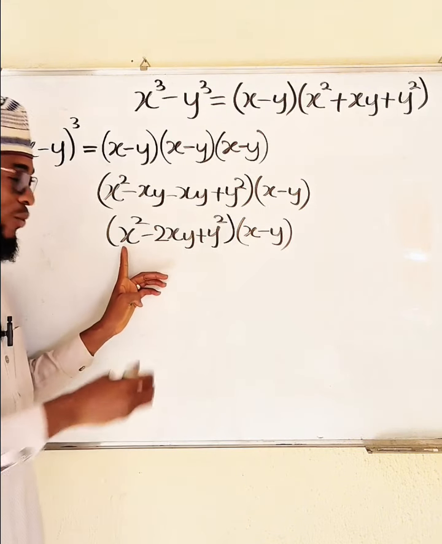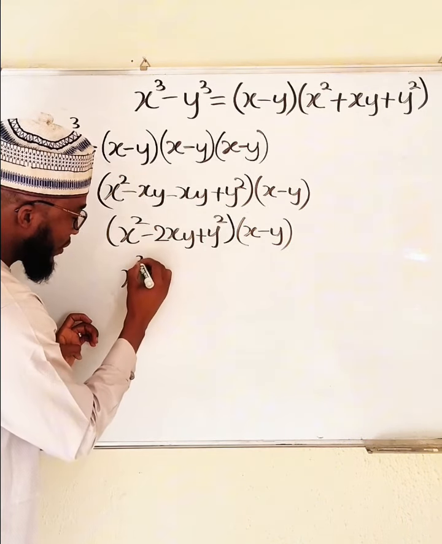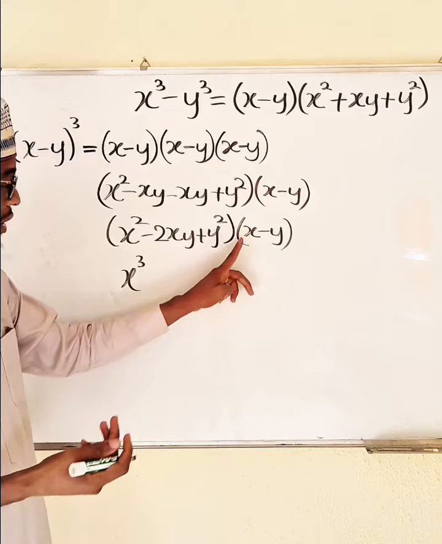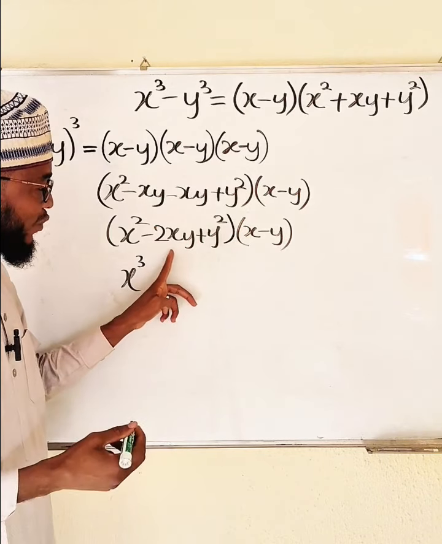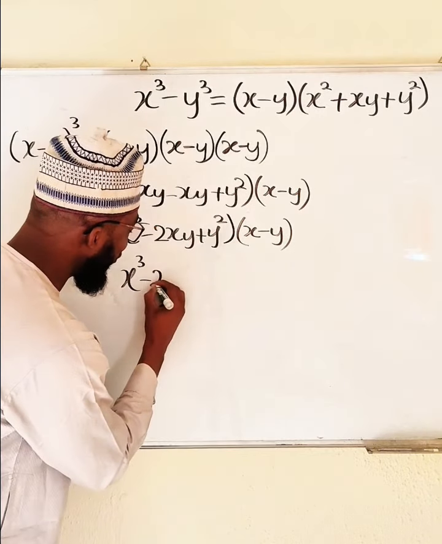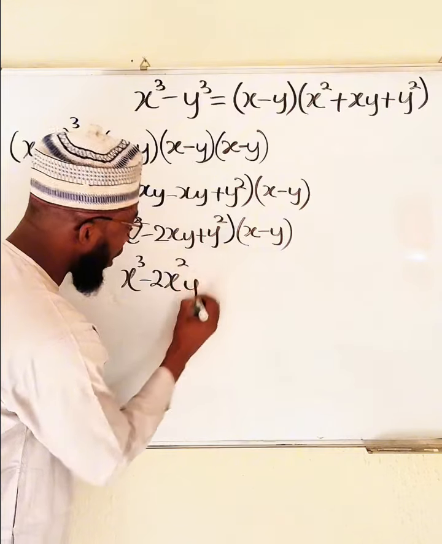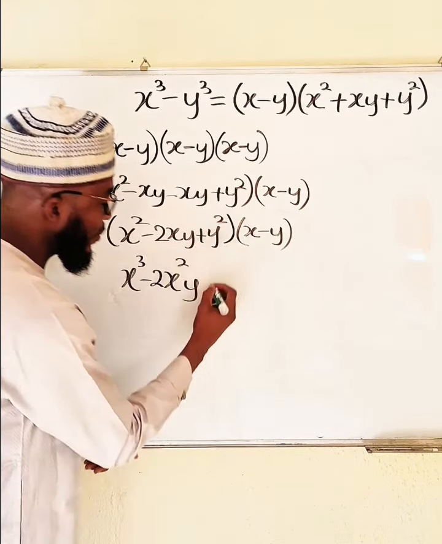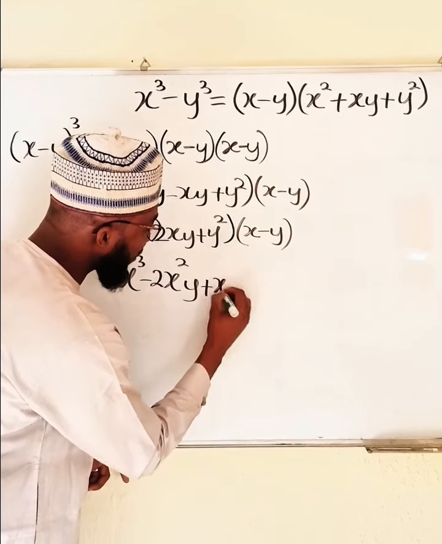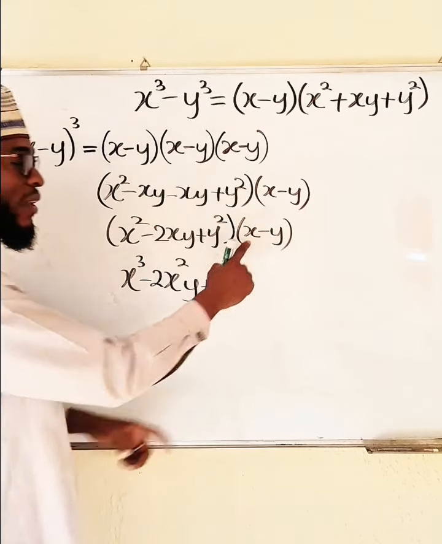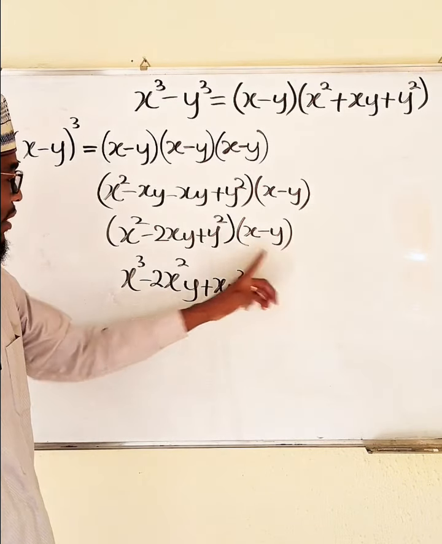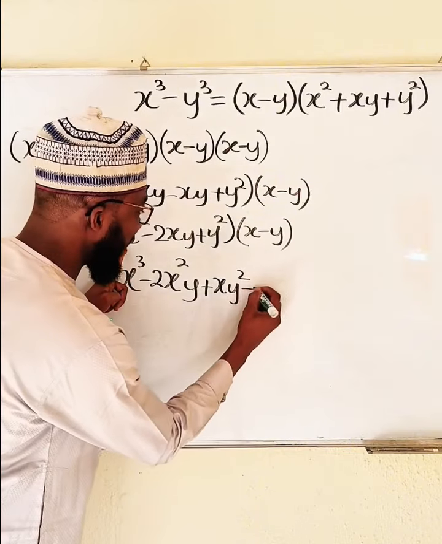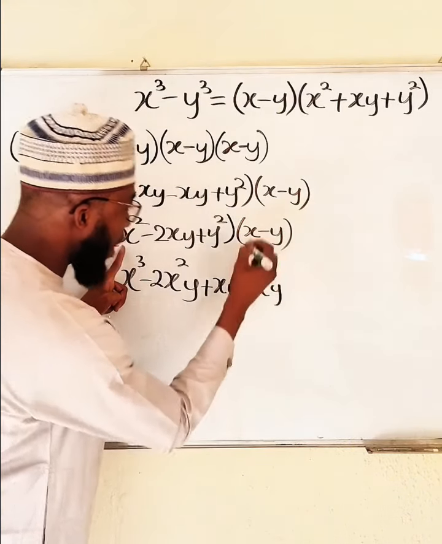X times x squared will give us x cubed, according to one of the laws of indices, right? X times negative 2xy will give us negative 2x squared y, because the x's will multiply. Then x times this will give us positive xy squared. We are done with x. Then for y, negative times this will give us negative x squared y.